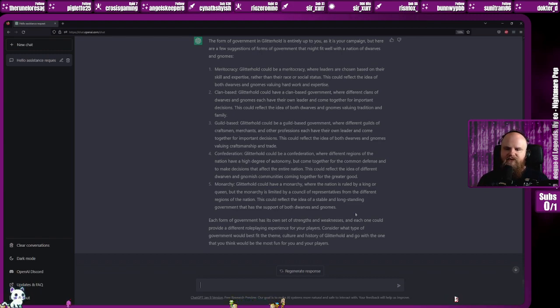This is to reflect the idea of a stable and long-standing government. So instead of a constitution, it's more like a council, which is a little bit of an older version of that kind of idea.